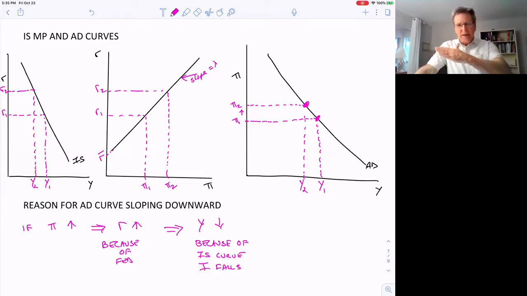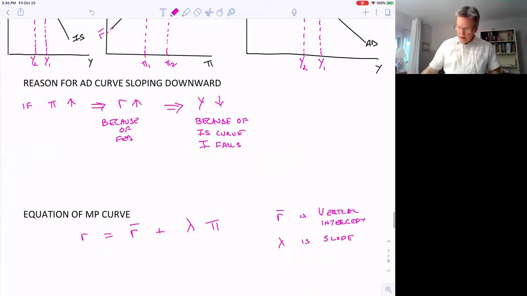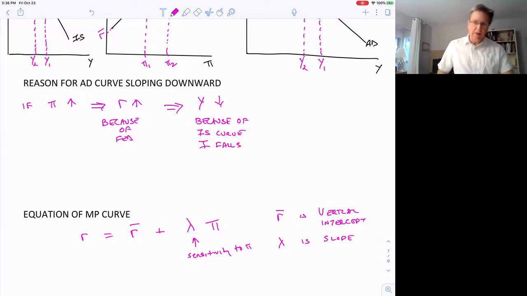A flatter curve means the Fed doesn't increase interest rates nearly as much when there's an increase in inflation. The r bar is also exogenous.